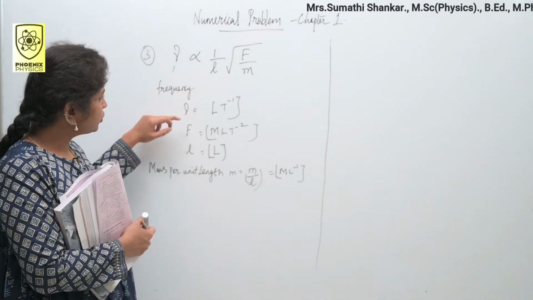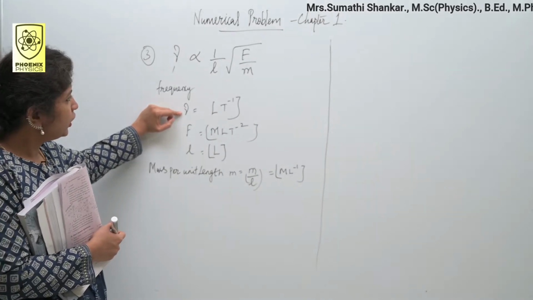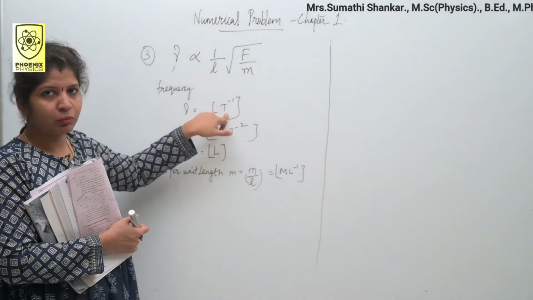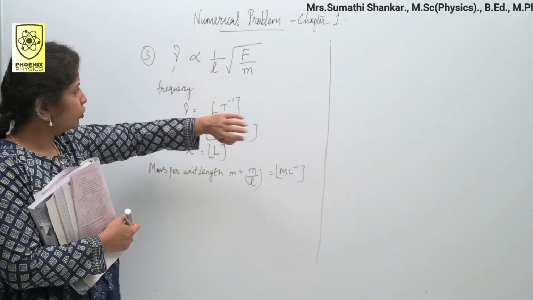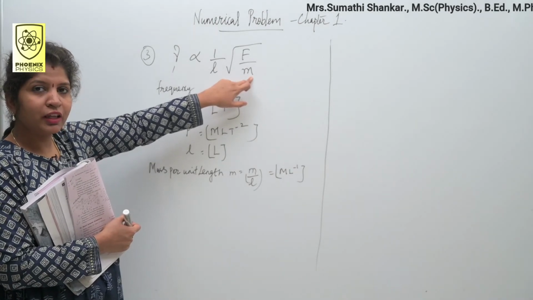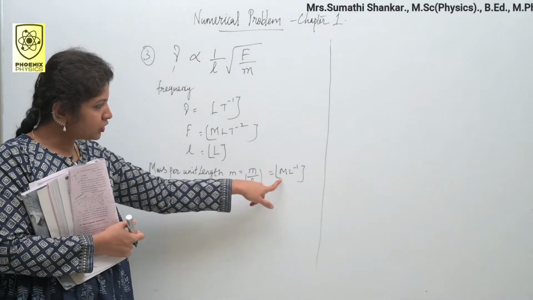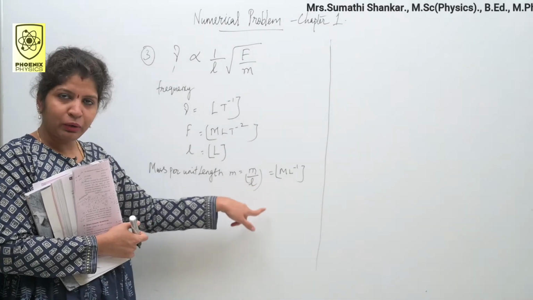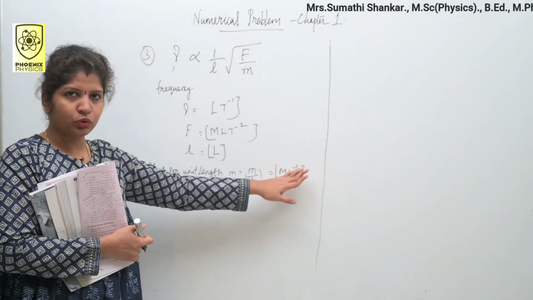You know the dimension for nu is nothing but frequency. Frequency means 1 by T, so you have to write T power minus 1. Then force you know, then L you know. Here instead of mass they have given us mass per unit length, that is M by L. Bring this L to numerator, M L minus 1.